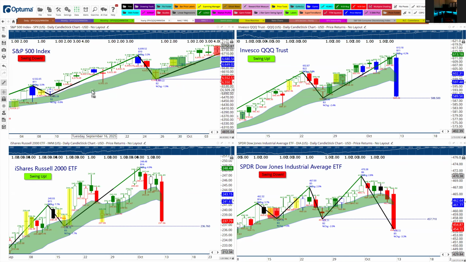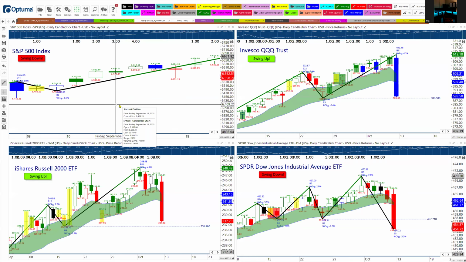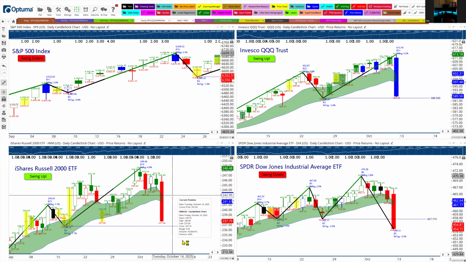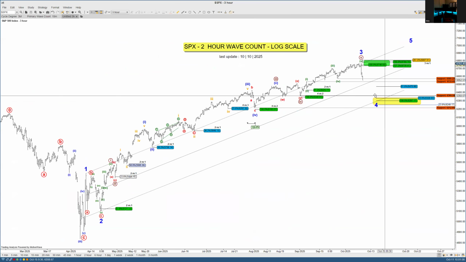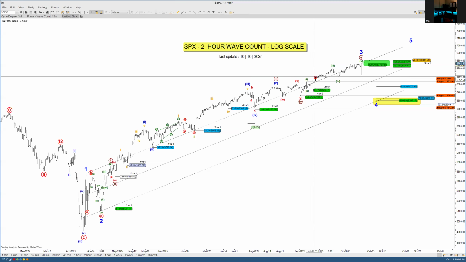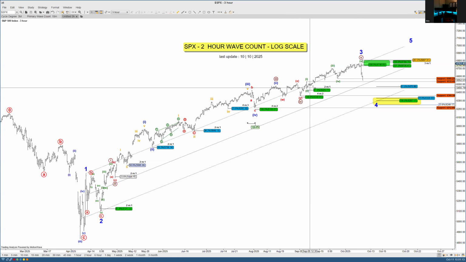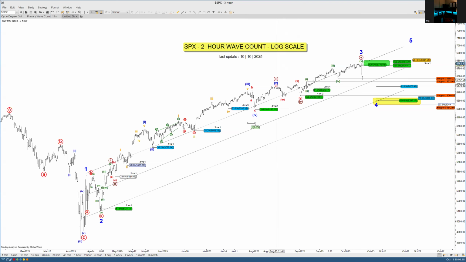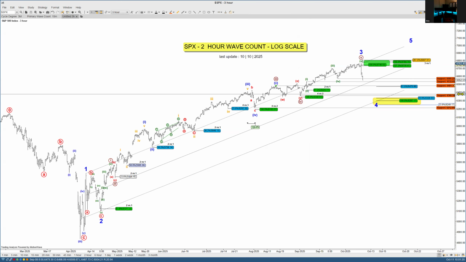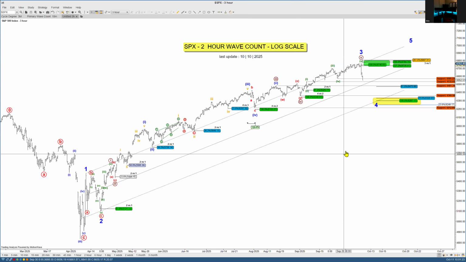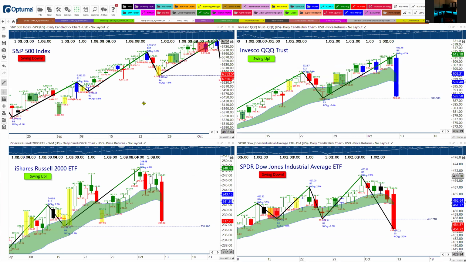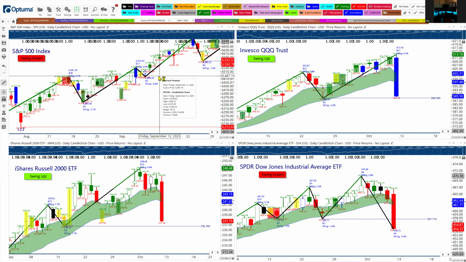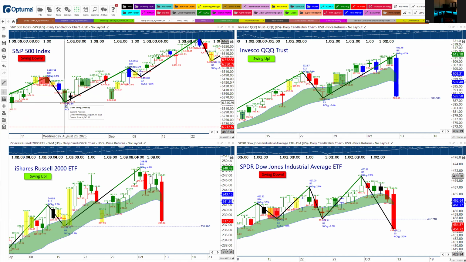So we have here 64.82. 64.81. That's fine. It's very close to it. And then 64.81 is the same one anyways here. And we have this 63.40.